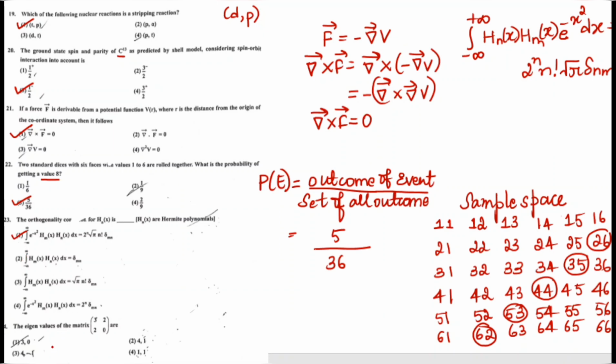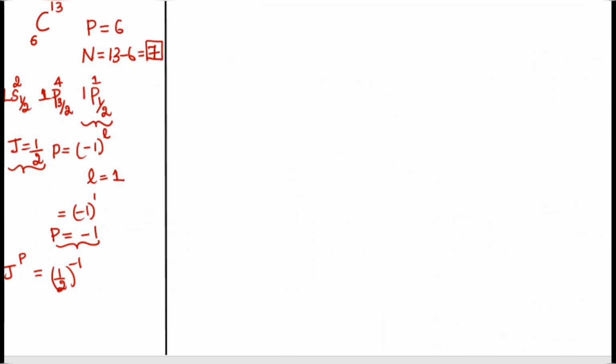The eigenvalue of the matrix 3 2, 2 0. Yes, let us solve this question. To find the eigenvalue of this matrix, first we need to write down the characteristic equation.